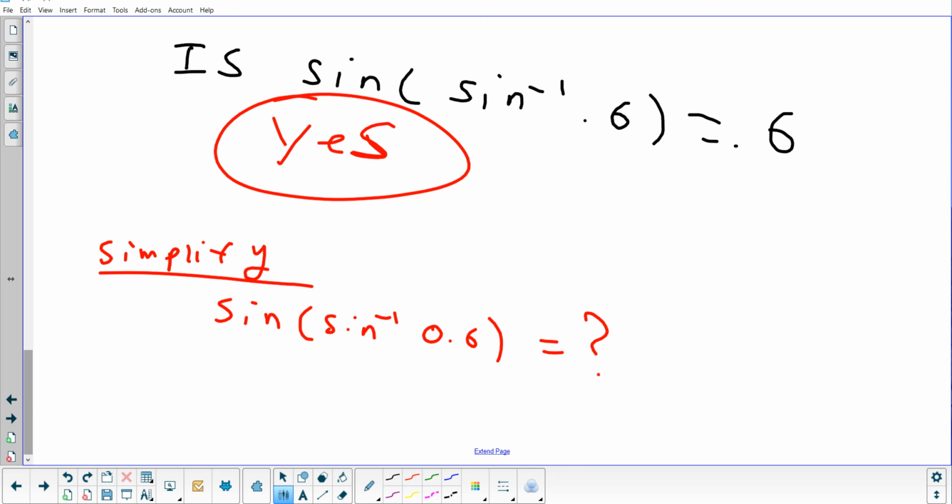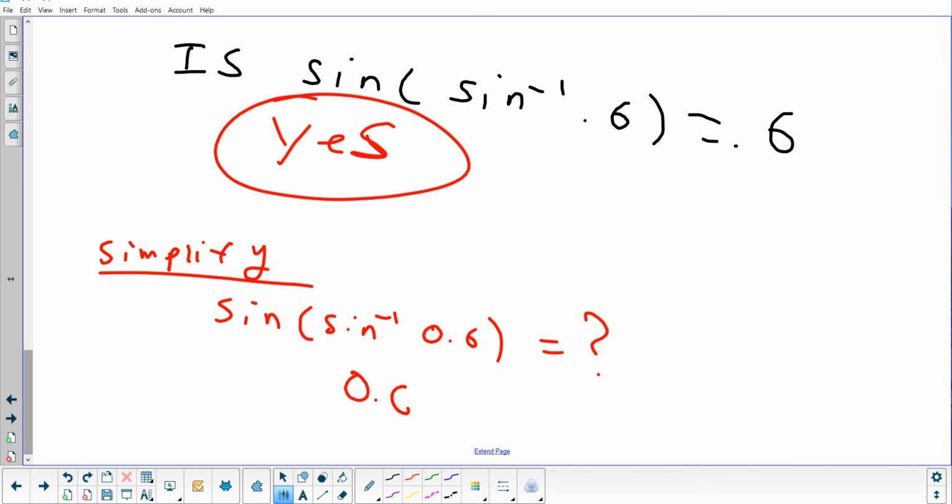If I word the question like this on the test, simplify, don't write yes. That doesn't answer the question. So simplify means do this out and tell me what the answer would be. So based on what we just did up above, you should know the answer. What's the sine of the inverse sine of 0.6?